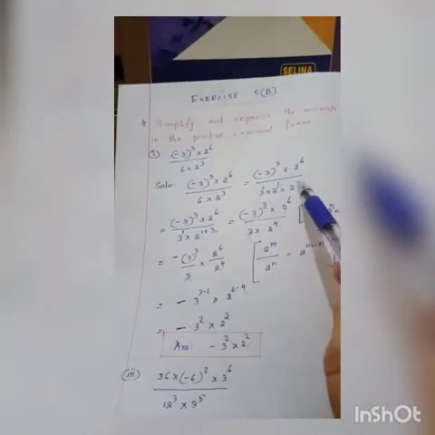Then next step, numerator is same. 3 means 3 raised to 1, into 2 raised to 1, into 2 raised to 3.